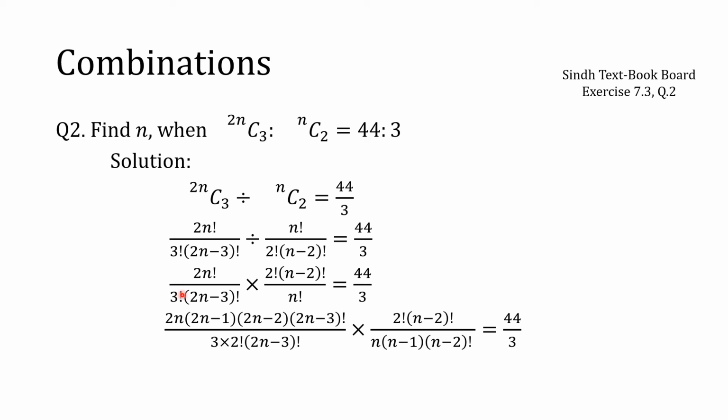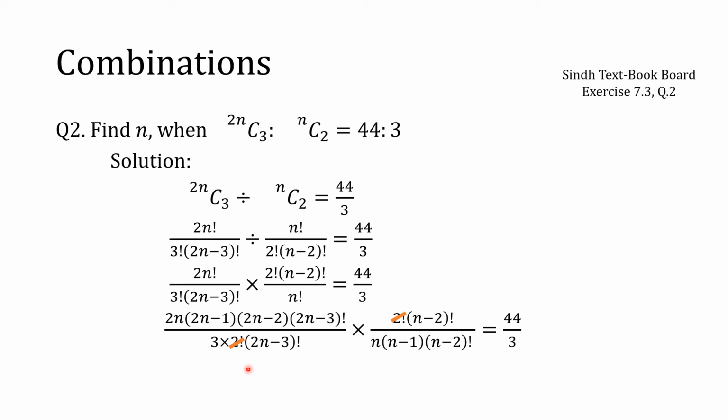By expanding the factorials here, we will have 2n times 2n minus 1 times 2n minus 2 times 2n minus 3 whole factorial over 3 factorial, which can be written as 3 times 2 factorial, and 2n minus 3 factorial is the same here, times 2 factorial multiplied by n minus 2 factorial upon n factorial, which can be written as n times n minus 1 times n minus 2 whole factorial.